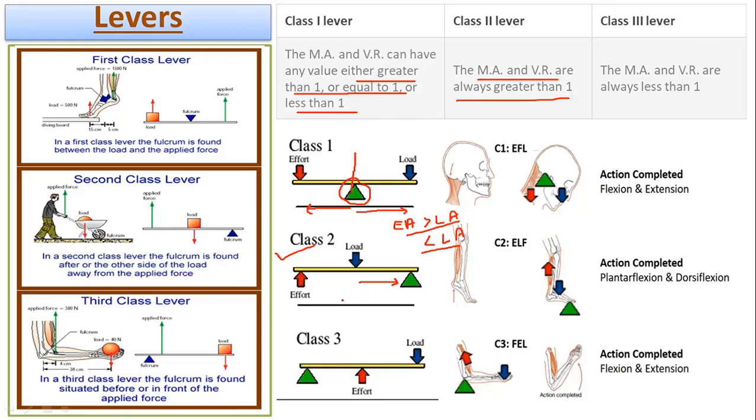In the case of the third class of lever, we observe that the mechanical advantage and velocity ratio always remain less than 1. This is because the effort arm is always less than the load arm, which shows that this kind of lever is a speed multiplier or speed gainer.